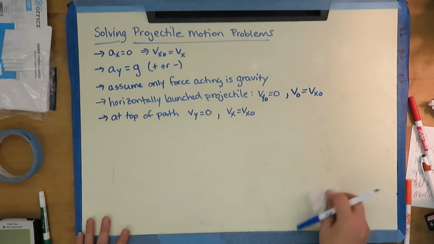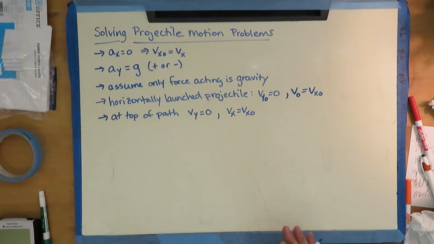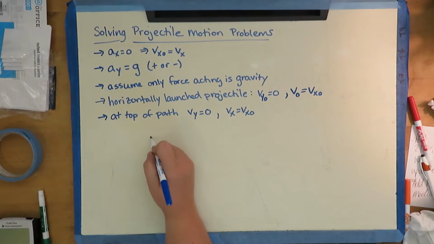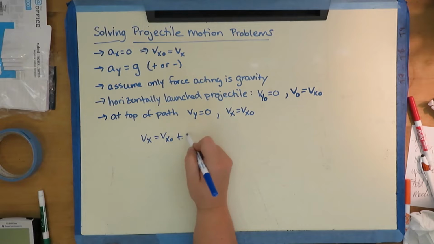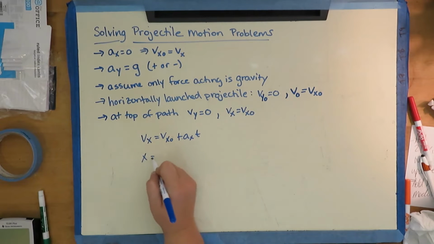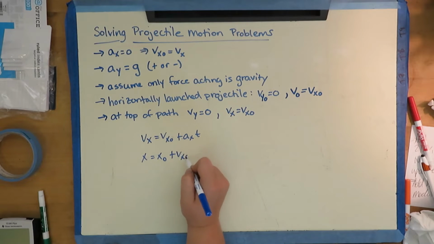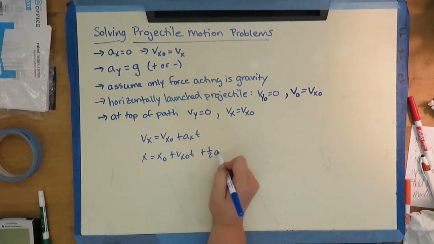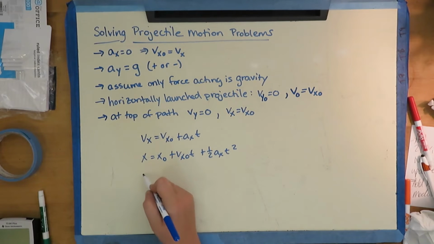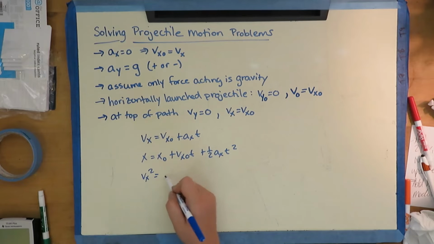Now let's take a look at those kinematic equations and how our assumptions will come into play. In the horizontal, we have Vx equals Vx0 plus axt, x equals x0 plus Vx0t plus 1/2 axt squared. Writing these down over and over again really helps you memorize them so you make fewer mistakes.